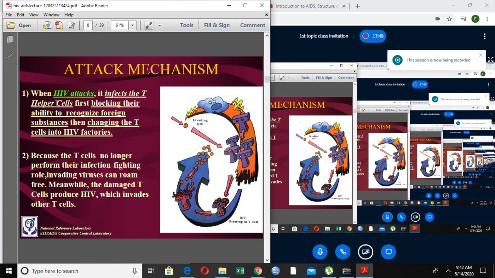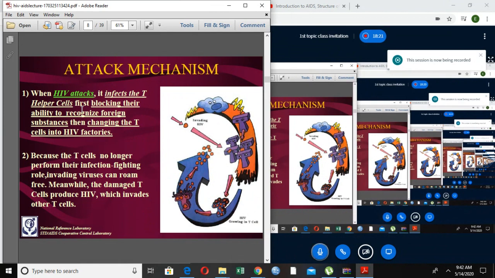But here now, the HIV will attack the helper T cell, meaning that it will block the ability to recognize the foreign substance, then changing the T cells into HIV factories. So if the bell doesn't ring, it means that the invaders will come to the village and do whatever they want. Now, when this HIV infects the helper T cells, it will block its ability to recognize it as a T cell.